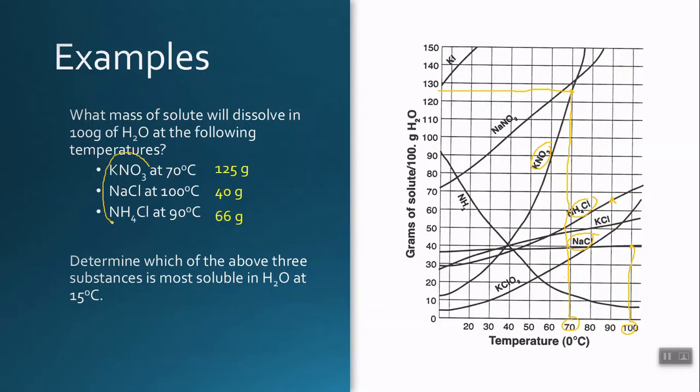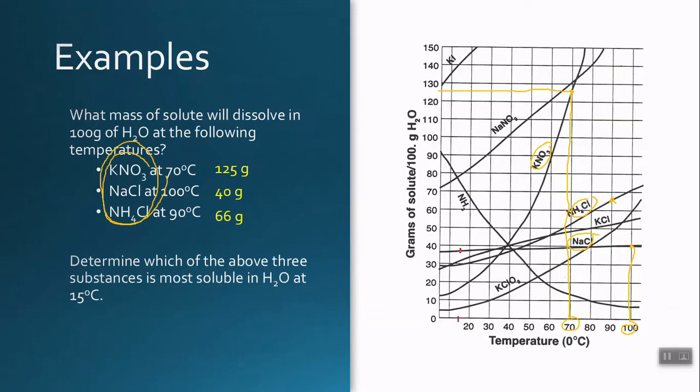Out of these three, determine which of the above substances is most soluble in water at 15 degrees. So at 15 degrees, which is right around here, it's asking me which one of these is the most soluble, meaning which one can I dissolve the most. So here's sodium chloride at 15 degrees.